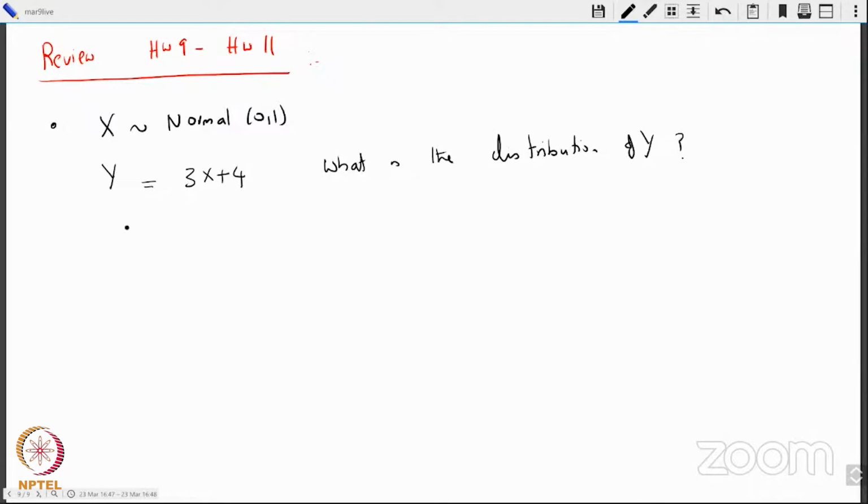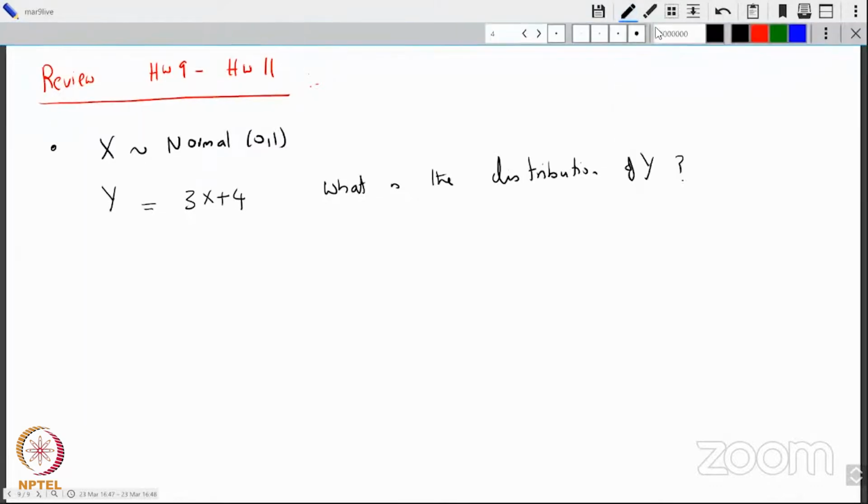So how would you do this? So first, X is normal. So let me add the solution down. So let's say solution. The first step is to identify the density function of X, right?